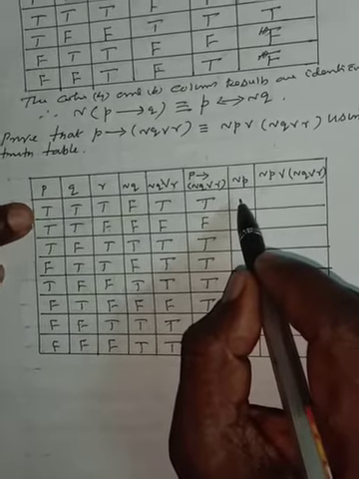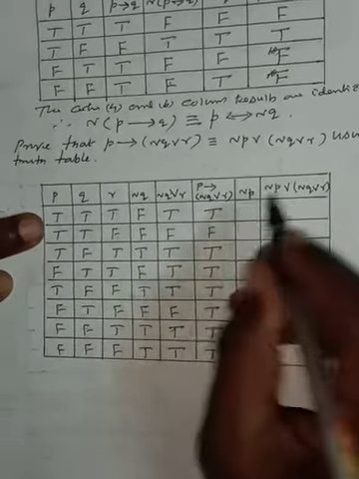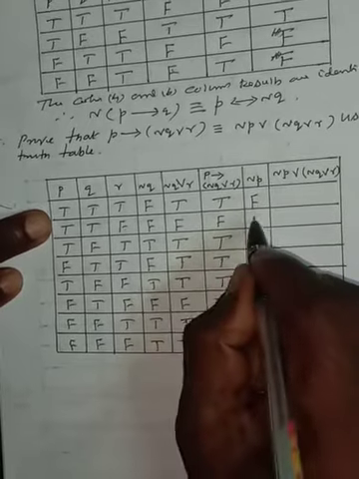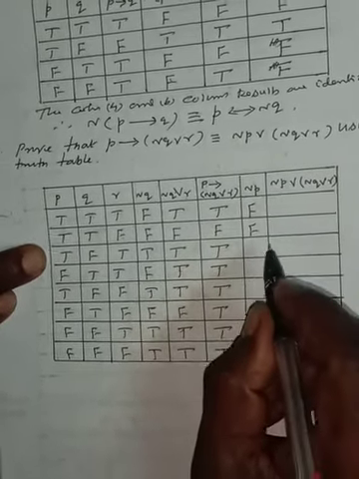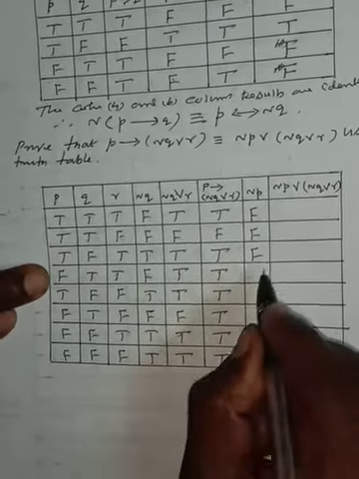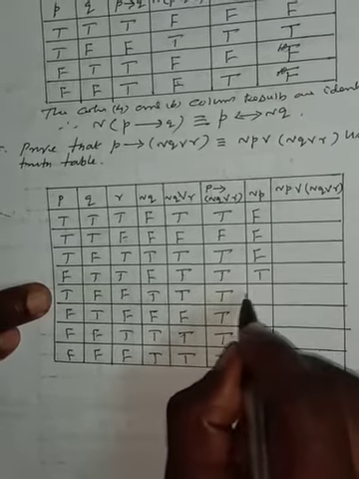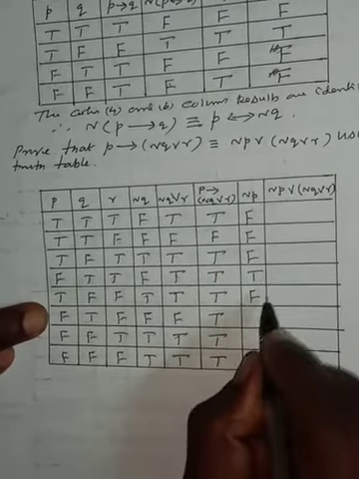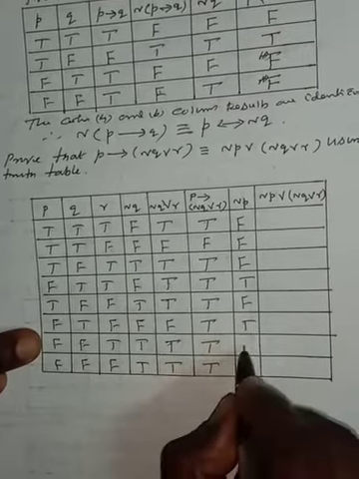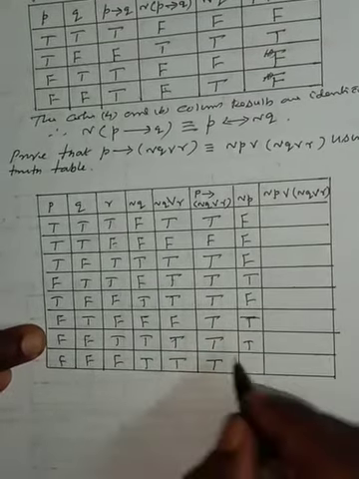True means false. False negation is true. So false. Next false. Next false. Next true. Next false. Next true. Next true. Next true.